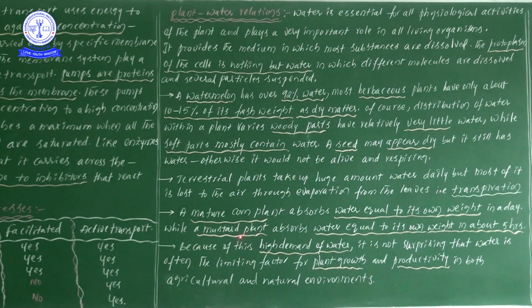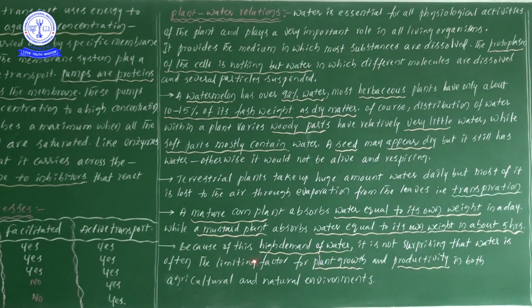A mustard plant absorbs water equal to its own weight in about 5 hours. Suppose the mustard plant weighs 3 kg; within 5 hours it absorbs water equal to its weight. So save these two statements well.